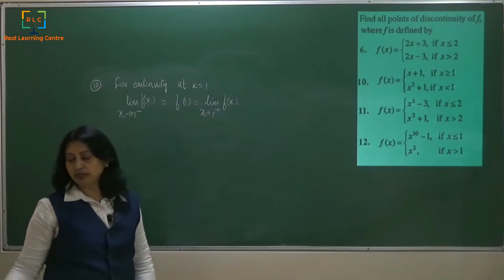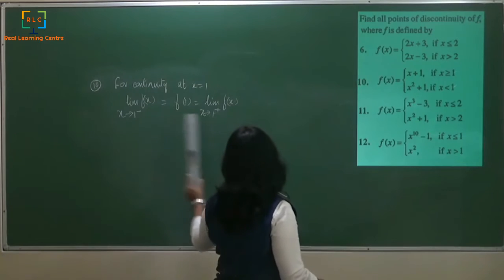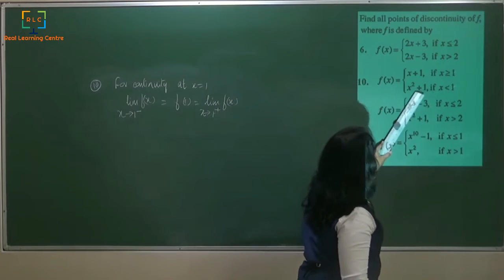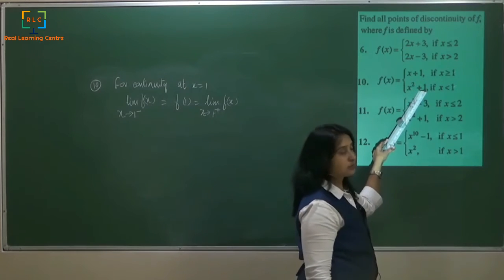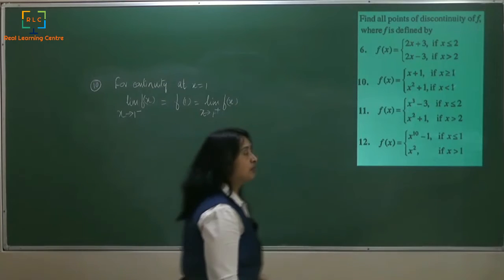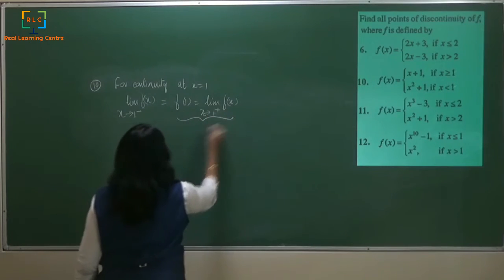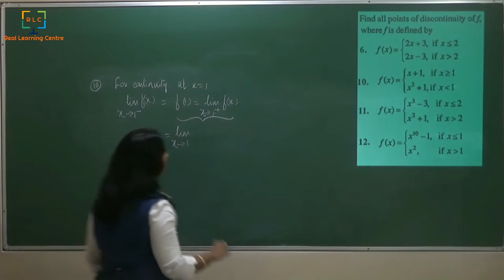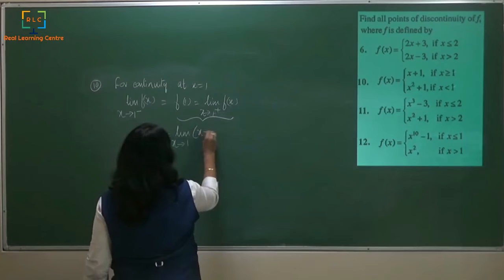So then again we will come back and see for greater than, for lesser than. We have to choose the function they have given: for less than 1 it is x square plus 1, and for greater than or equal to 1 they have given x plus 1. So for x tends to 1 plus, greater than 1, I shall plug in x plus 1 in the place of f of x.